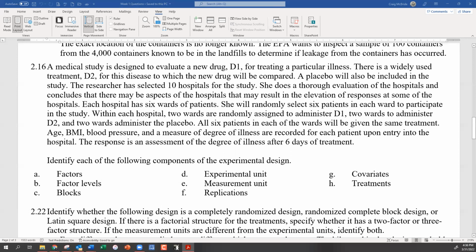Then within the ward, I have these 6 kind of degrees of illnesses walking around. Instead of patients, I'm just thinking of all 6 patients as just being degrees of illnesses that are walking around. Then that's how you would be able to classify the patients as the measurement unit, because your unit of measure is a patient.